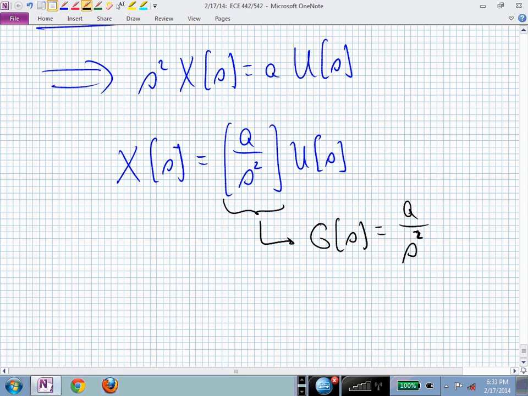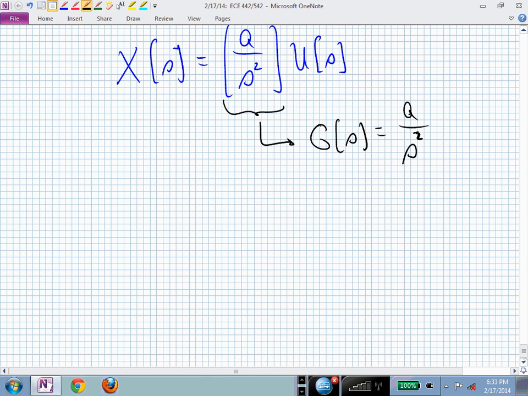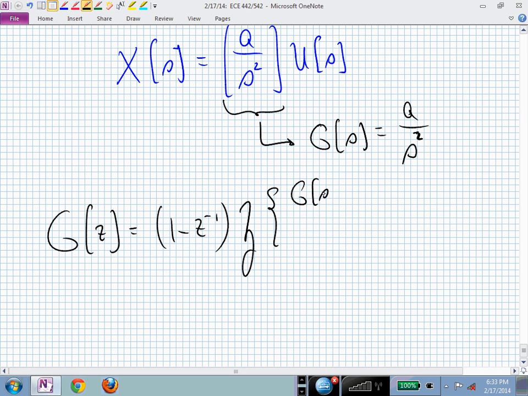Now, we want to put that into our zero-order hold equivalent expression. We now have G of z is equal to 1 minus z to the minus 1 times the Z transform of G of s over s.